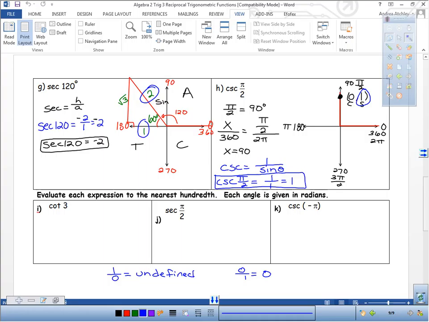Since I'm giving it to you in radians, you need to make sure your calculator is in radians and not degrees. You usually have a button. On this one, it has DEG at the bottom, degrees.